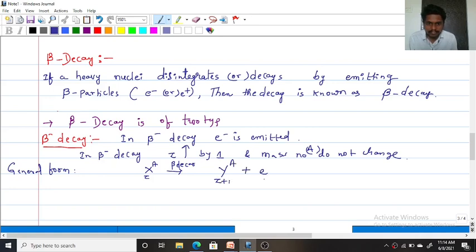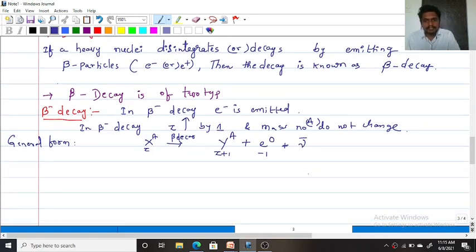And we will get an electron whose charge is negative, and along with the electron, an anti-neutrino, one more particle, is emitted here.